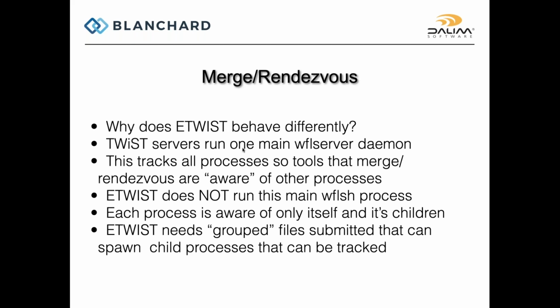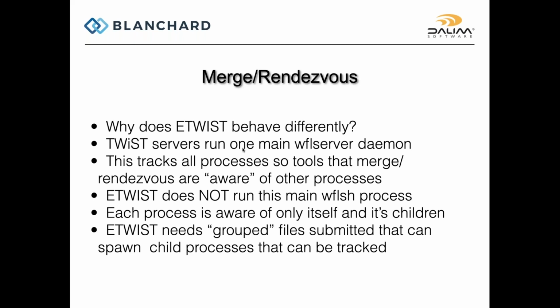ETWiST does not run that process. So if you, and I'm going to do this in a second, if you dump in a couple of individual files in ETWiST, the server is not aware of them. Each process is essentially like its own WIFL SH process on its own.